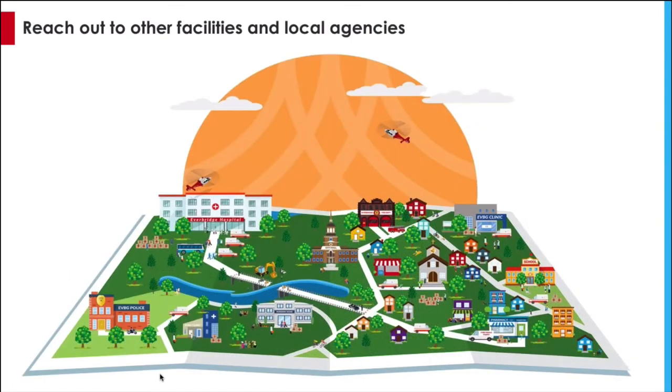This is a great graphic because it's so depictive of the fact that reaching out to other facilities in our local agencies is truly as simple as that aerial view of a map. So again, whether a hospital or a freestanding facility, whether an organization, a public safety organization, we think about all of the churches and religious communities.